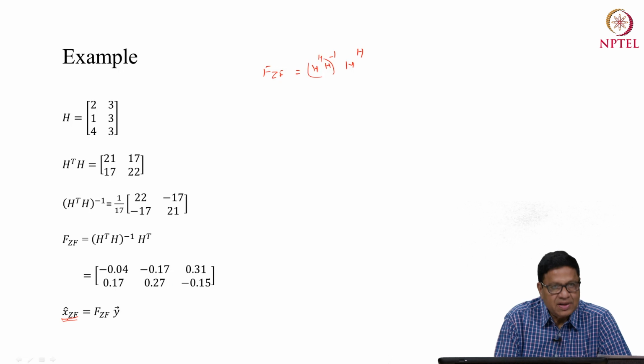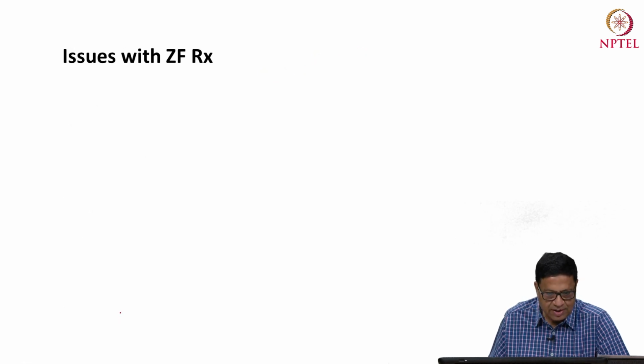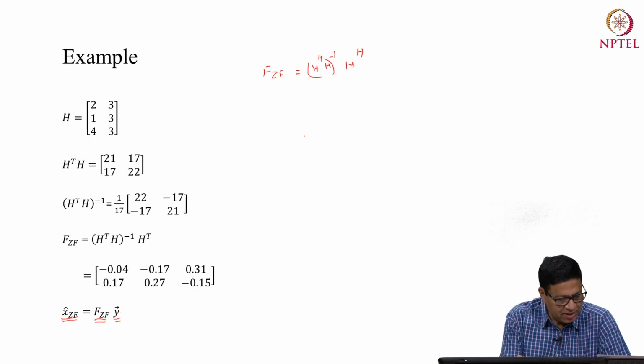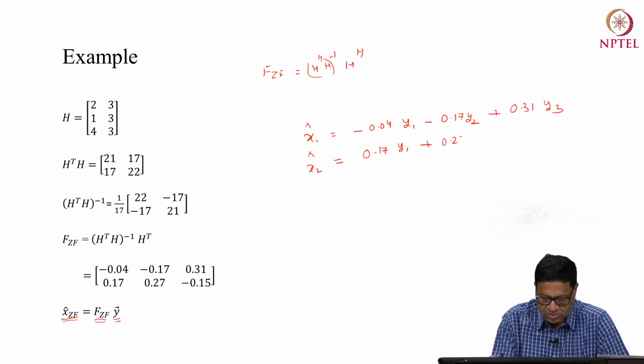So my estimate X_ZF, the x estimate for a zero forcing receiver, will be F_ZF into Y. For example, the X1 estimate will be minus 0.04 Y1 minus 0.17 Y2 plus 0.31 Y3, and similarly X2 will be 0.17 Y1 plus 0.27 Y2 minus 0.15 Y3.